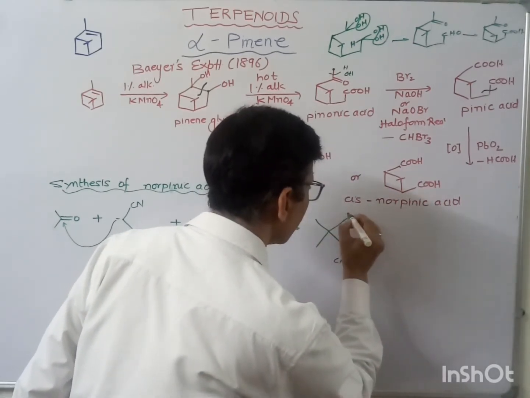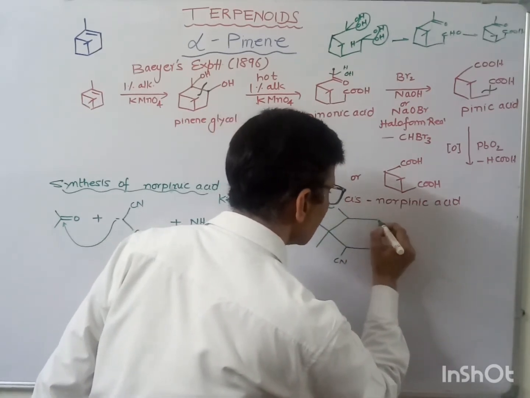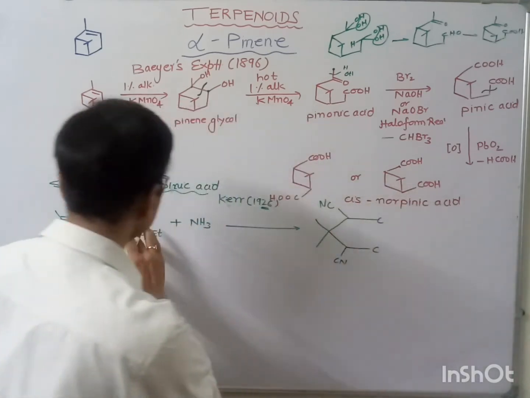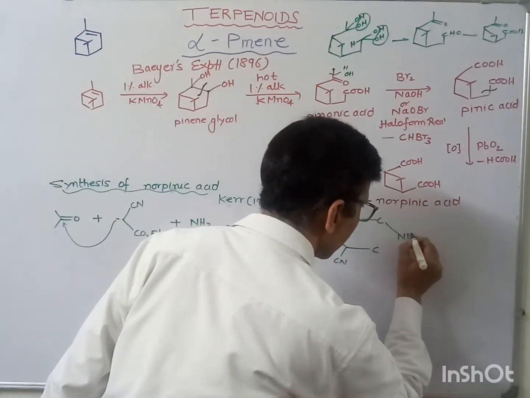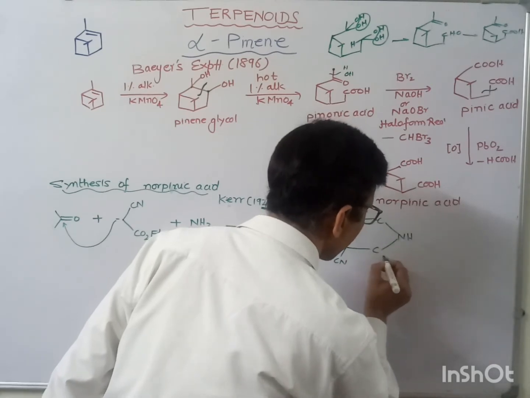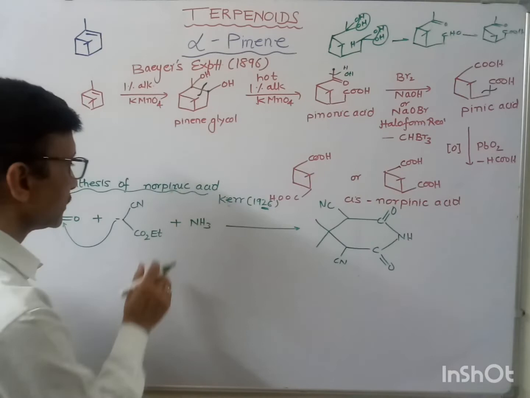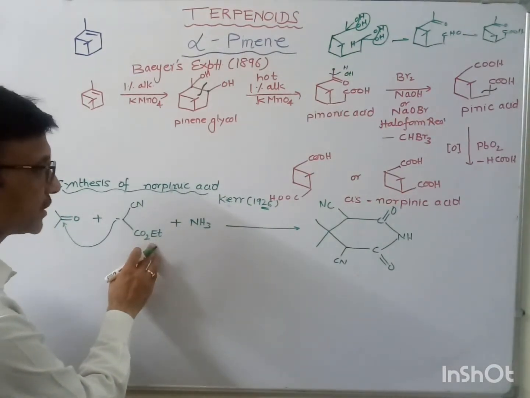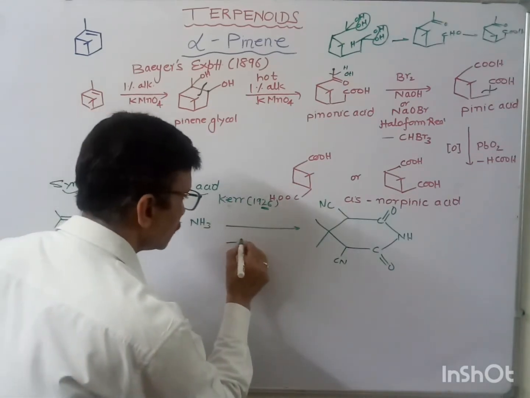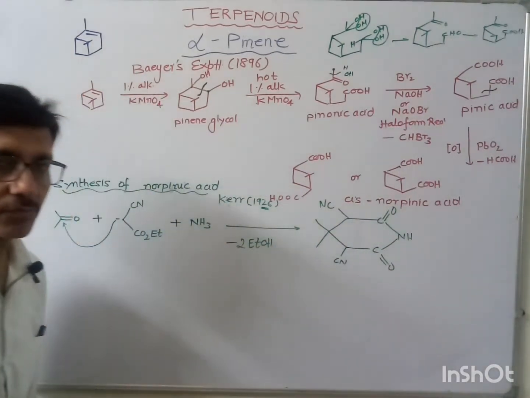Similarly here also CN and this COEt, and finally in the presence of this it was giving this NH and this one. So here, the removal of ethanol will take place from here, removal of 2 EtOH molecules will occur and we will get this.